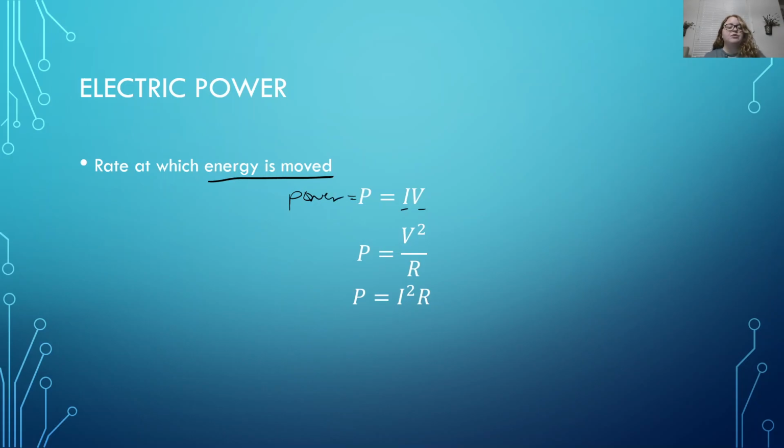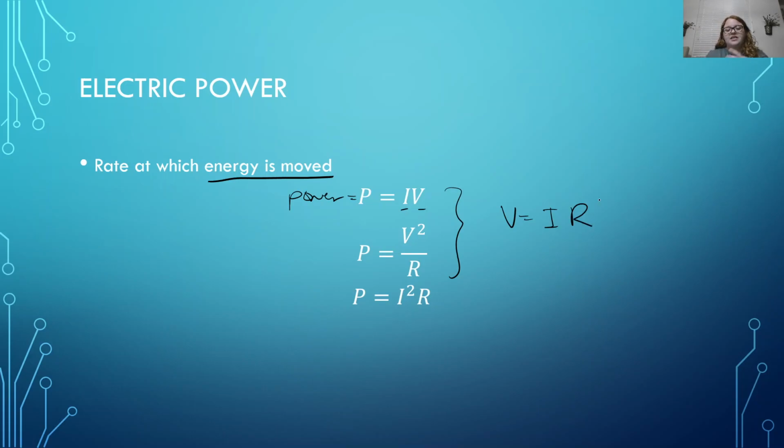And we can rearrange this a few different ways, as you may have guessed by looking at this page. Power can also be equal to V squared over R, and it can also equal I squared times R. This is because we have three different variations, since V is equal to IR.